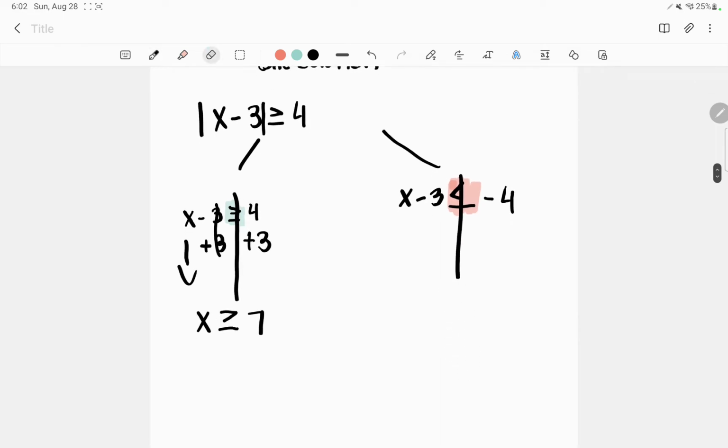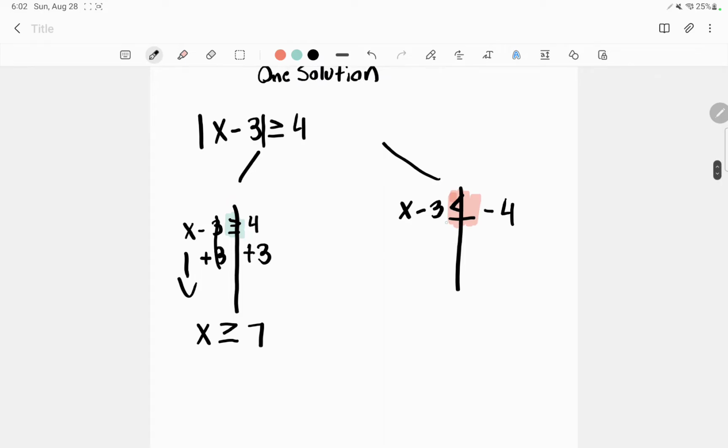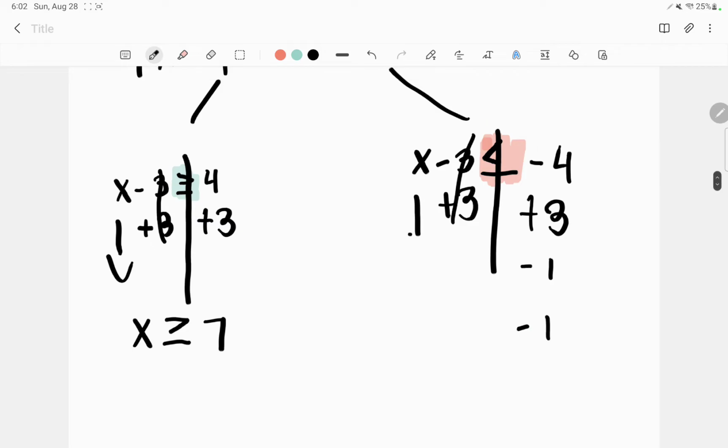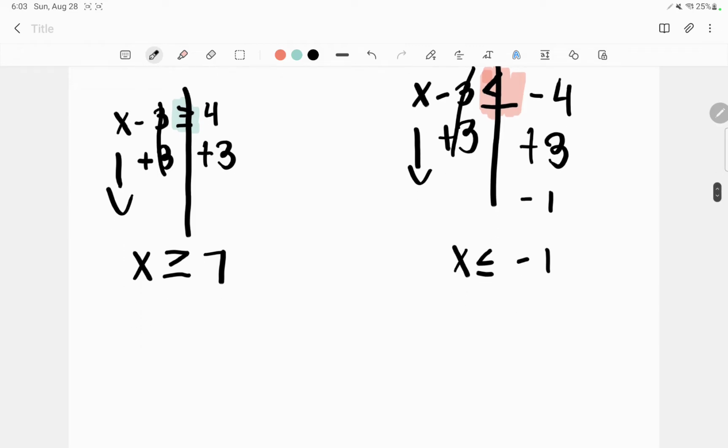I'm going to do plus 3, which cancels those out, and negative 4 plus 3 is negative 1. So I have x is less than or equal to negative 1.